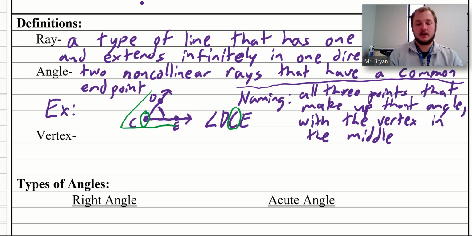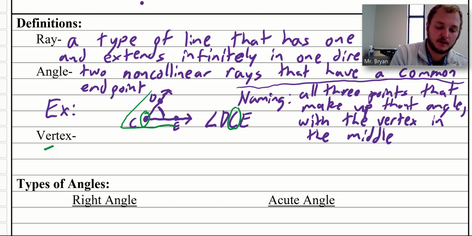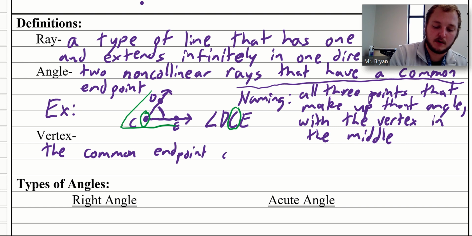So with that being said, I did mention that word vertex. I want to make sure we understand what that means. The vertex is the common endpoint of an angle.